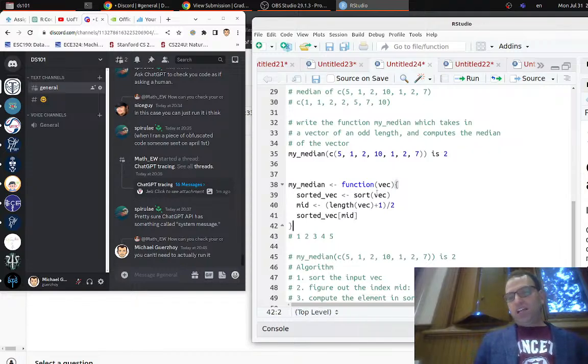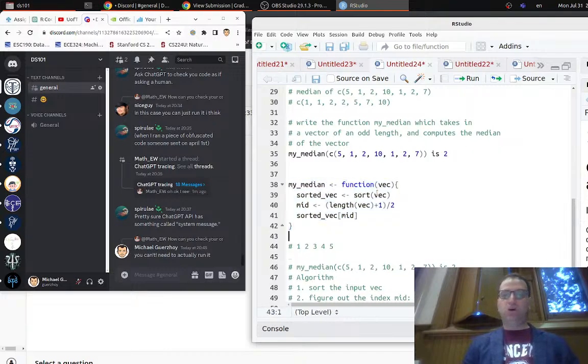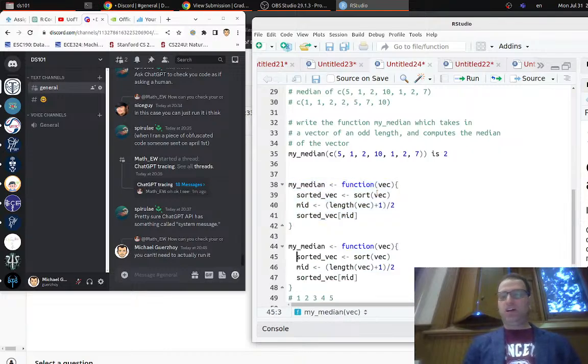Here I followed the recipe, where first we call sort of vec sorted vec, we'll call mid something, and then we'll say sorted vec at mid. Of course, you could also write it all as a one-liner. At least the way we're thinking about it, those are just scratch space, where instead of saying length of vec plus 1 over 2, we'll just say mid.